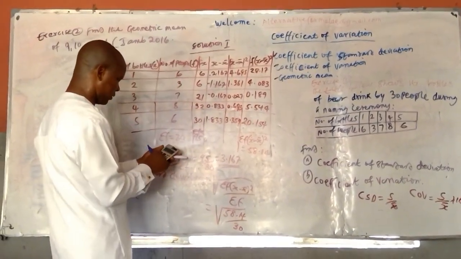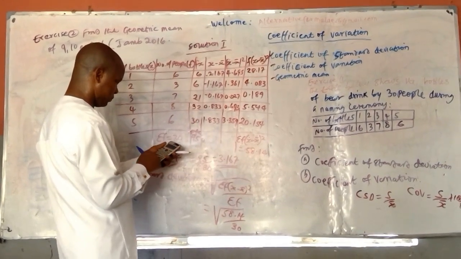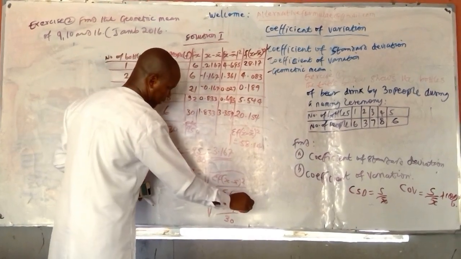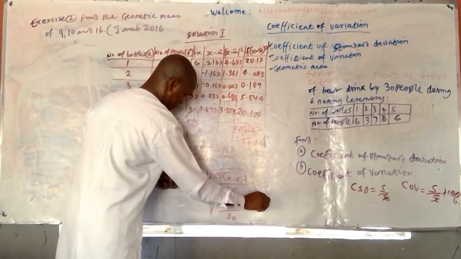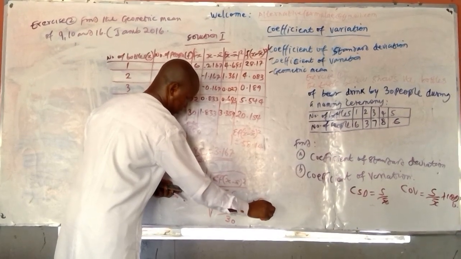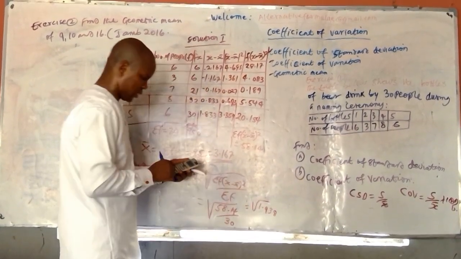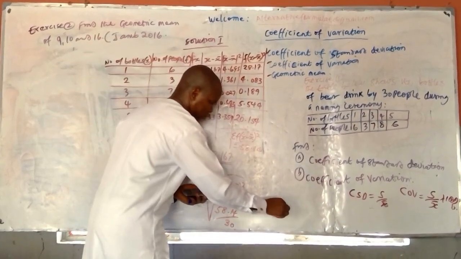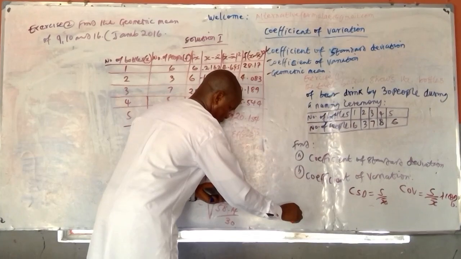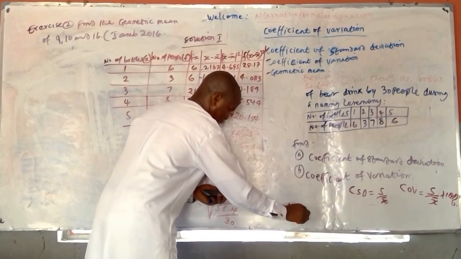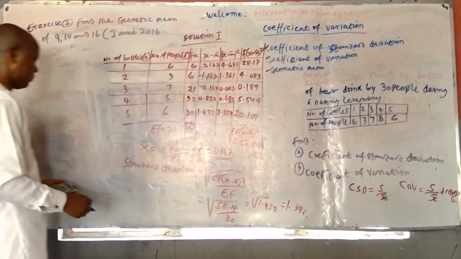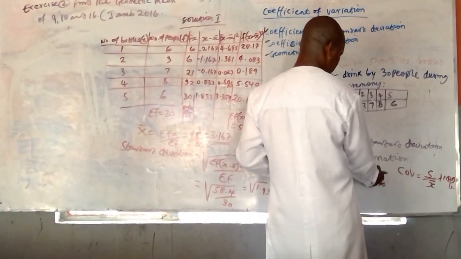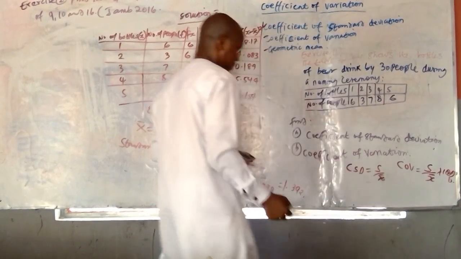So divide this by 30, and whatever you have, you take the square root. Finally, the variance will be 1.938. If you take the square root of that number, you have 1.392. So don't forget that our coefficient of standard deviation is given by the standard deviation all over the mean.